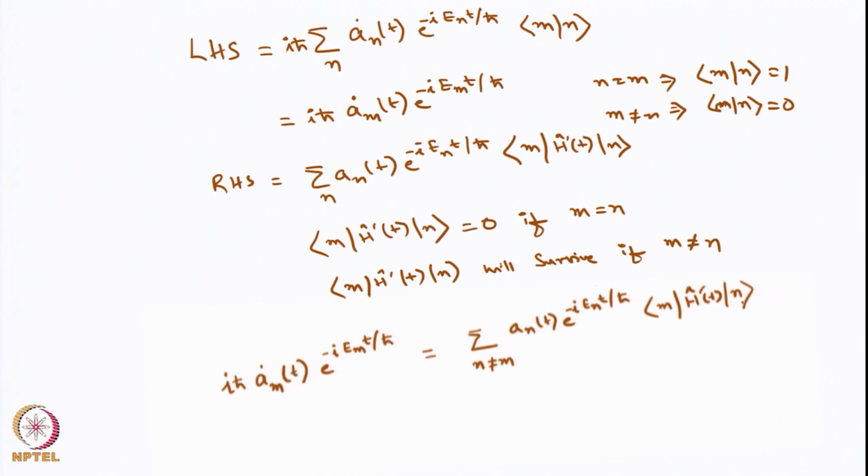So, now you take all these terms except when m is equal to n, which, as I told you, will not survive. So, m not equal to n, a_n(t) e^(-iE_n t/ħ) ⟨m|H'(t)|n⟩. Okay. So, this is the equation that we need to deal with.